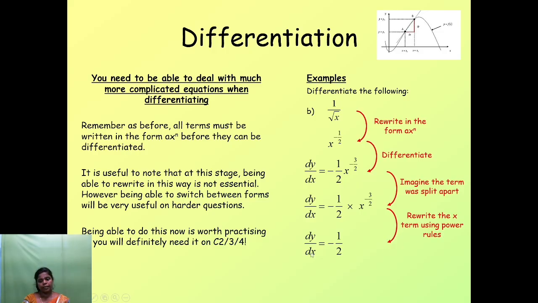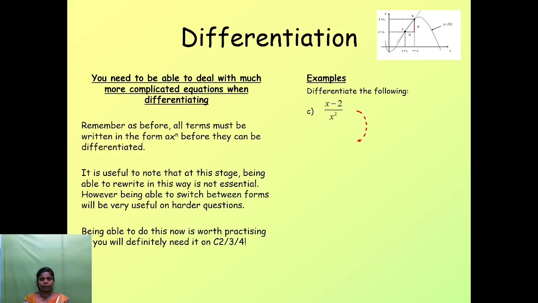Now x power minus 3 by 2 can be written as x power 3 into 1 by 2. Already we know x power 1 by 2 is the square root of x. So square root of x cube. So minus 1 divided by 2 into square root of x cube.